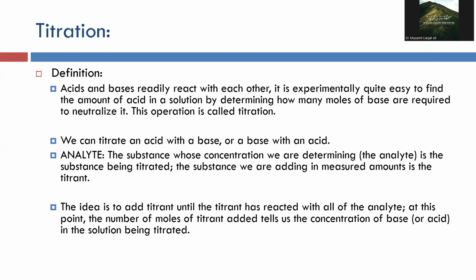Next is titration. Titration is the controlled addition of an acid or base to determine the concentration of an unknown solution. Analyte is basically the substance being measured. The other one is the titrant, that is the solution of known concentration added slowly.